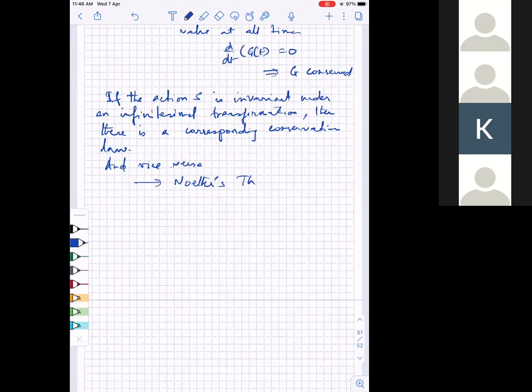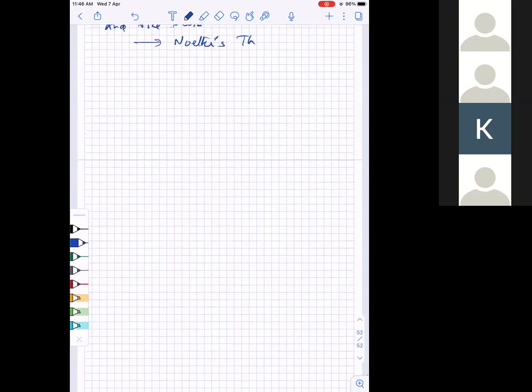Now, let us try to use this in our electromagnetic action. We are going to give the simple example of linear translation, and then one can do rotation and other things as well.